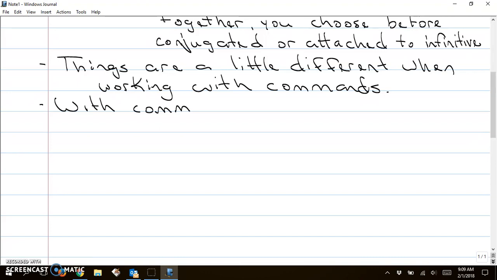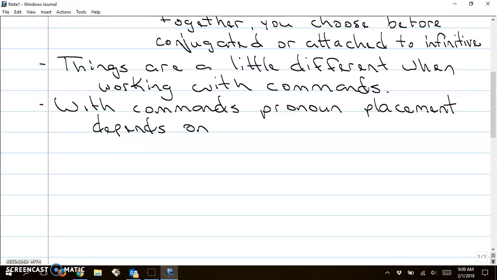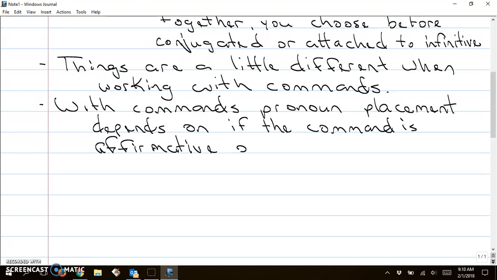With commands, pronoun placement depends on if the command is affirmative or negative. Second number in your code is a 6.